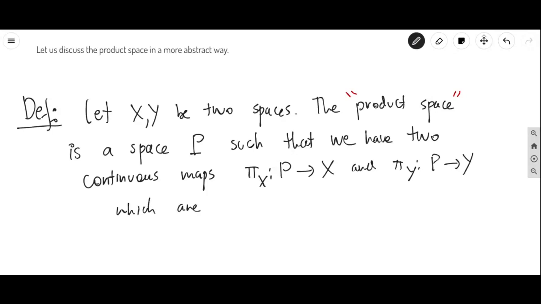which are optimal, or the actual terminology is called universal, but I want to emphasize the word optimal, are universal in the following sense.